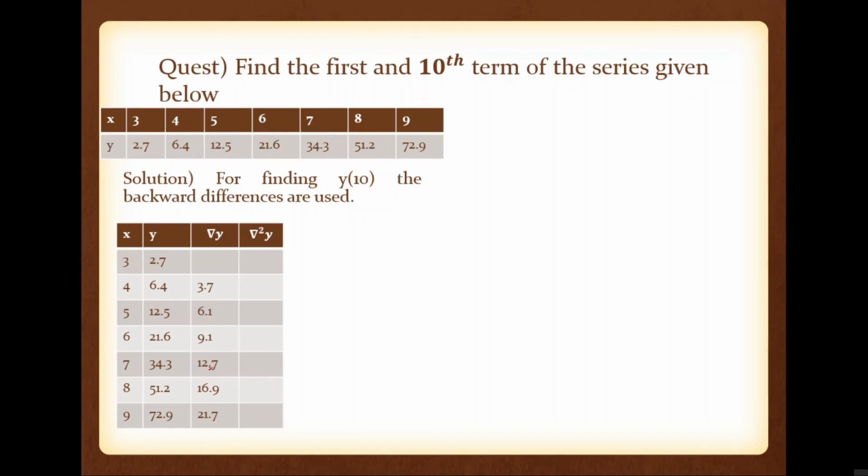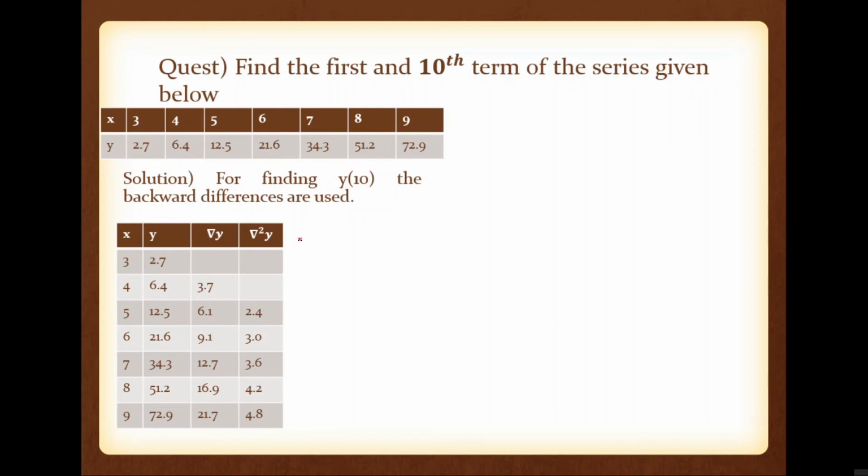Then 12.7 minus 9.1, 3.6. Then 9.1 minus 6.1. This is 3 exactly. Then 6.1 minus 3.7, this is 2.4. Yes, 2.4.